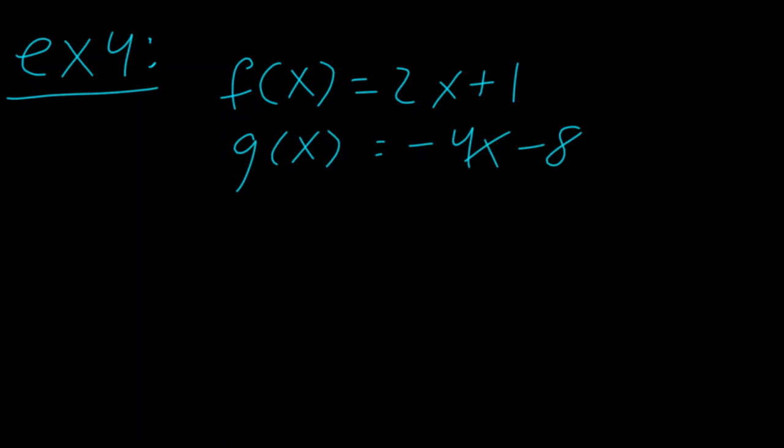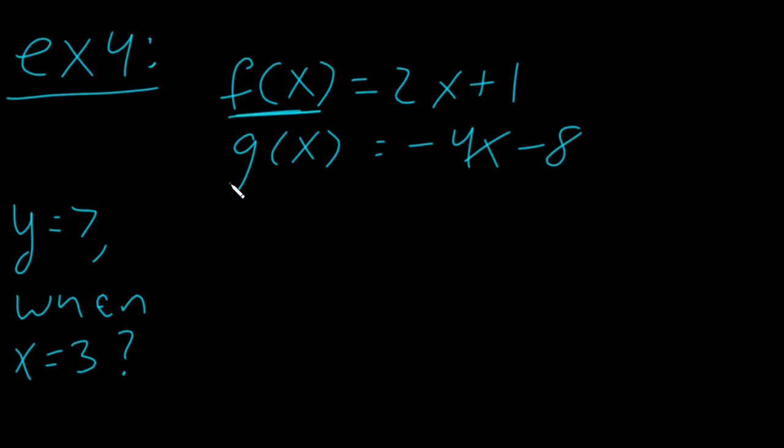I want you to find which one of these functions has y equals 7 when x equals 3. Which one of these functions has y equals 7 when x equals 3? And remember, y is just another way of saying f of x or g of x or h of x or w of x or any letter of x. It's another way of saying y.